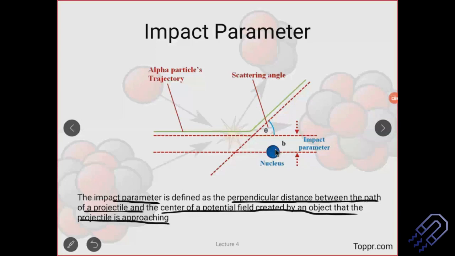At this particular point it is getting deflected. How do you draw the impact parameter now? This is one of the simplest diagrams that I got. At this particular point it gets deflected, you just draw a tangent to this. I think we can easily draw a tangent. Then we draw a straight line, and from this intersecting point to the center of the nucleus is what is called the impact parameter.